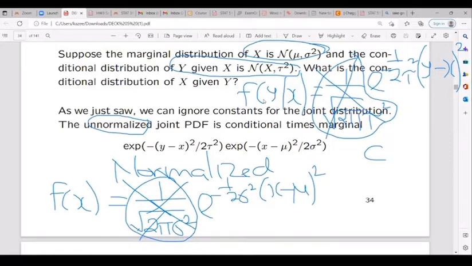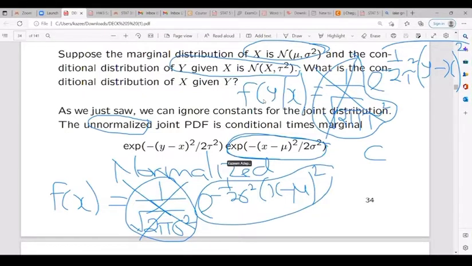This guy here is this guy, and this guy is this guy. You see what I've done? I'm only taking the unnormalized side of the two distributions. The 1 over square root of 2 pi sigma squared and 1 over square root of 2 pi tau squared are the constant side. If I have that constant, it becomes normalized. Without the constant, it becomes unnormalized. I'm only using the unnormalized now.